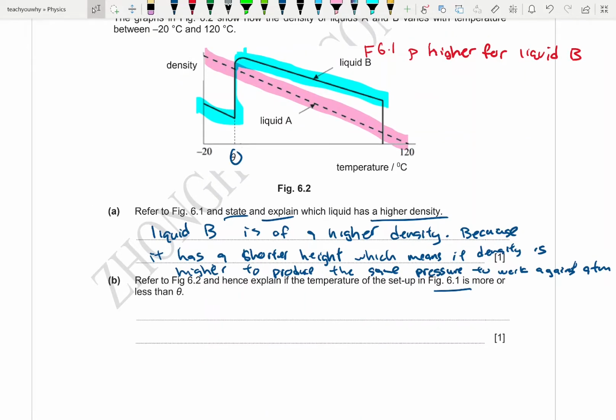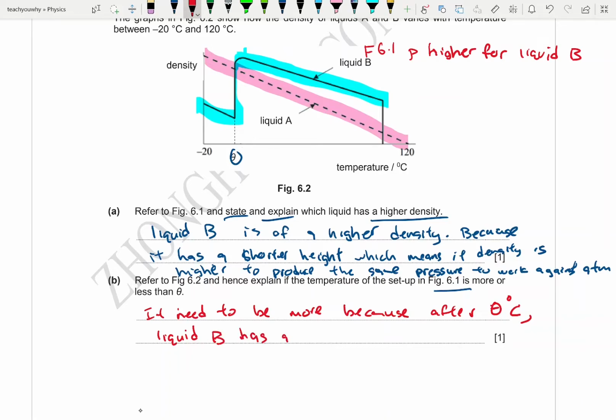It needs to be more, because after the datum degree Celsius, liquid B has a higher density, as shown. Okay, all right.